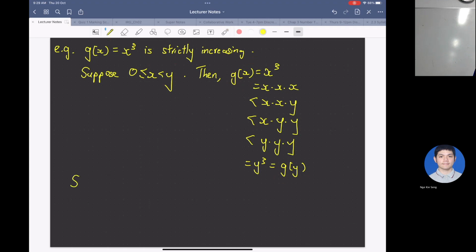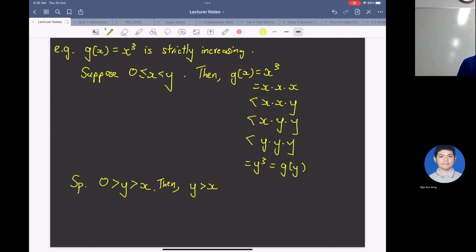Next, consider the negative case. Then y is less than x.